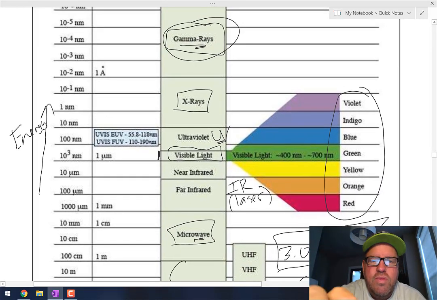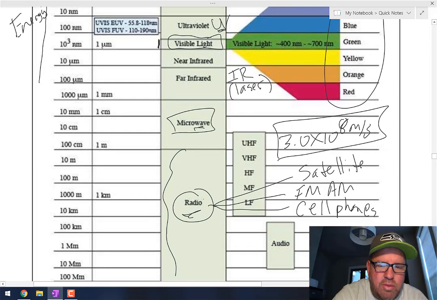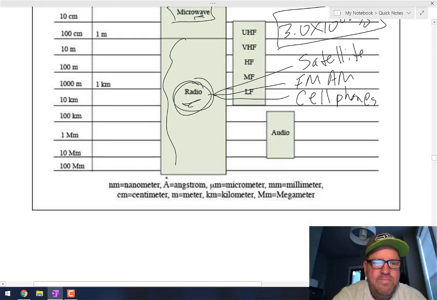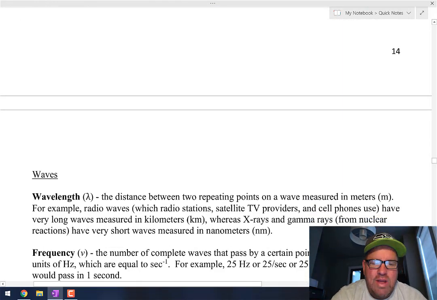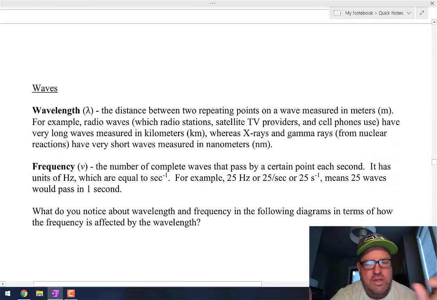Okay? So, gamma rays, really high energy. Down here at the bottom, radio waves, really low energy. Okay? Now, again, we talked about how these different types of electromagnetic radiation travel. Okay?